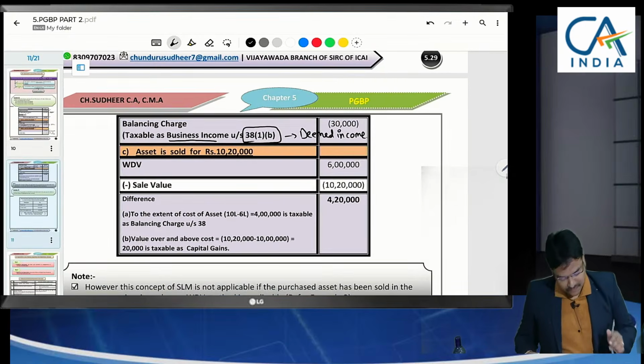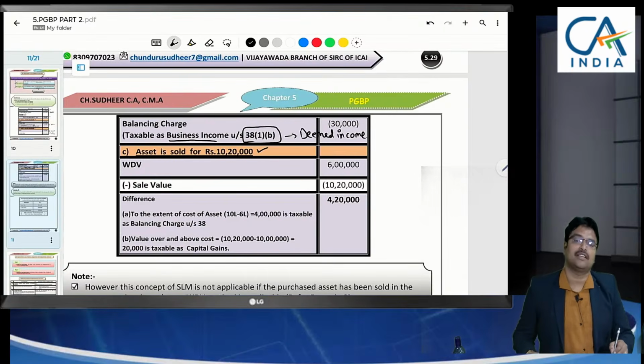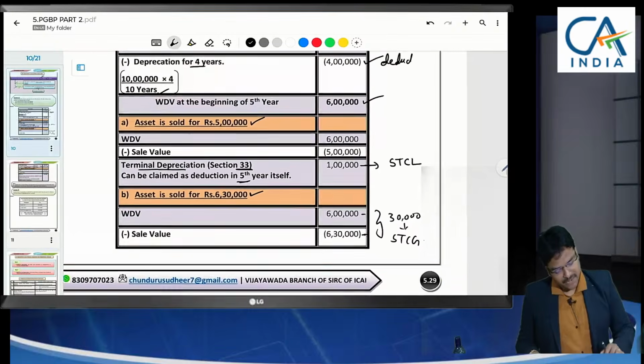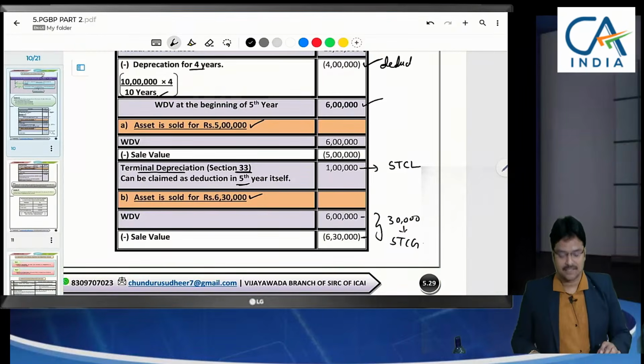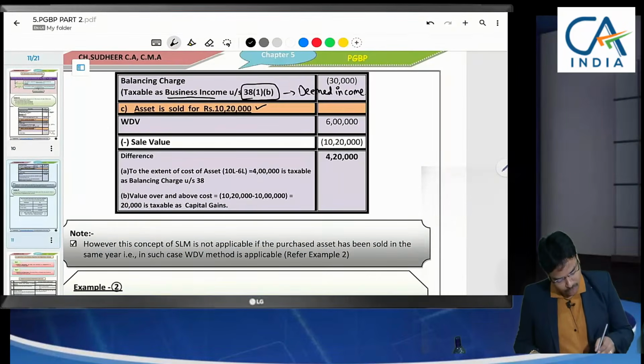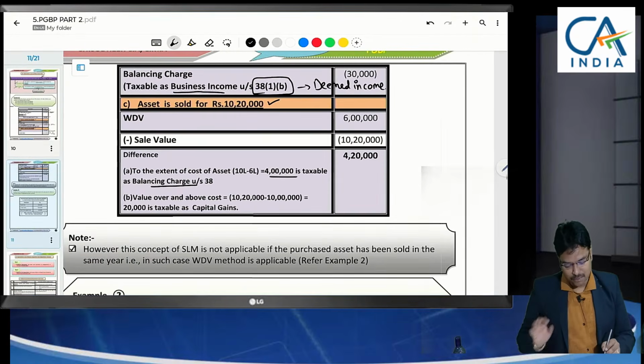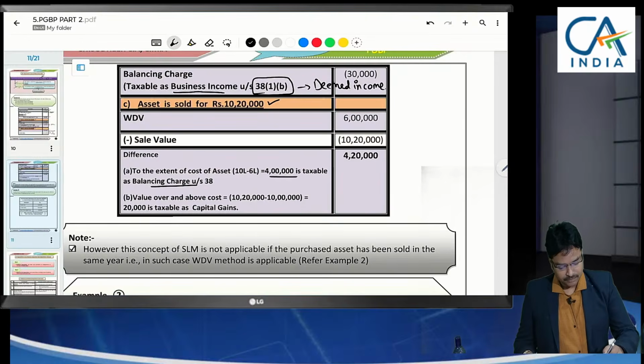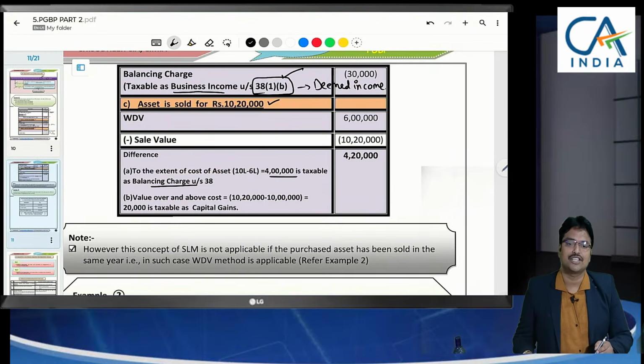What happens if the asset is sold for 10 lakh 20 thousand? Now you see, this is a special point. How much deduction have we claimed in business? 4 lakhs. So, to the extent of 4 lakhs only is taxable as balancing charge, business income. Business income, balancing charge, the term is used here. Section 38, only 4 lakhs is taxable.